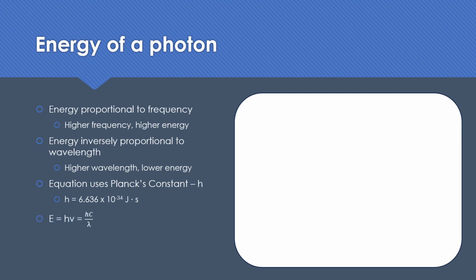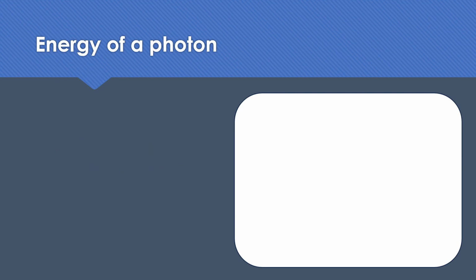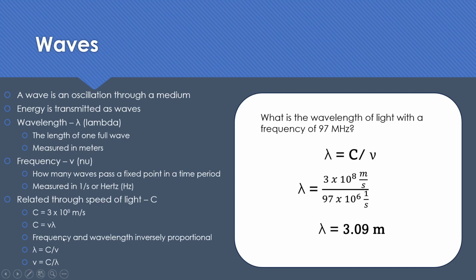So the relationship is that the energy is equal to Planck's constant times the frequency, which if we go back a few slides to the relationship between lambda and nu, we see that nu is equal to c over lambda.